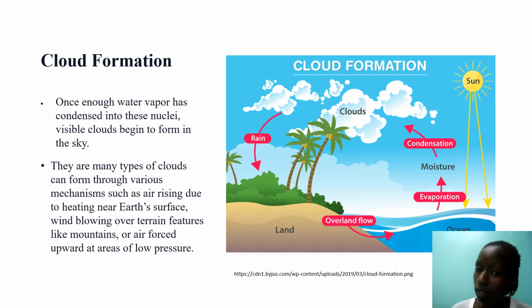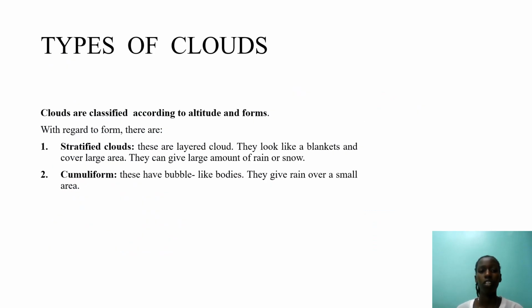Here is the picture indicating the whole process, these three steps of cloud formation: evaporation, the moisture content rising into the atmosphere, meeting the cold air and condensing, hence forming clouds as the last step. And this is the cycle. Once the cloud is formed, it eventually forms rain, and the rain falls onto the land or the sea, and evaporation takes place as usual. So we understood this process. Now we are going to look at the types of clouds.